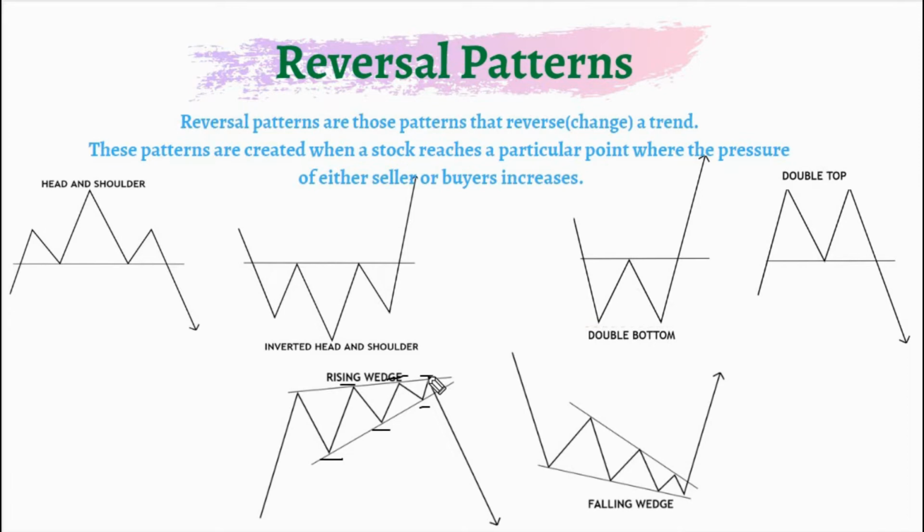But what is happening in a rising wedge pattern is that the highs forming in the market are not that aggressive. The highs which are forming in the market are very weak, so it is an indication that the buying pressure is getting weaker in the market.